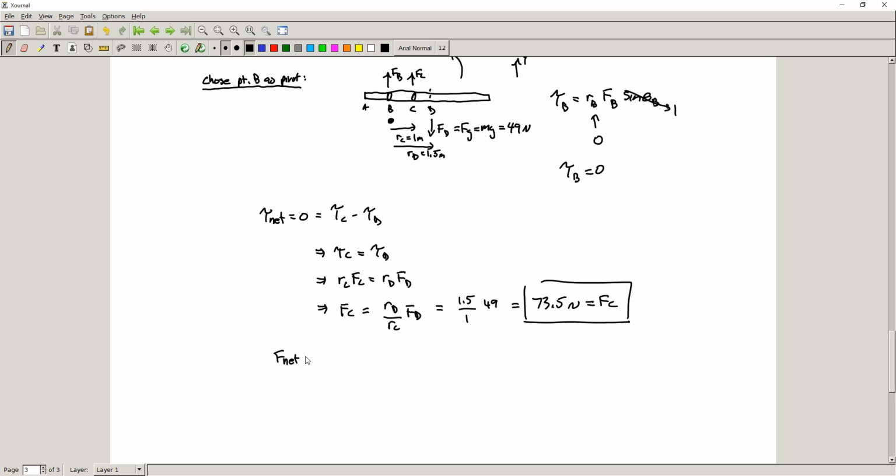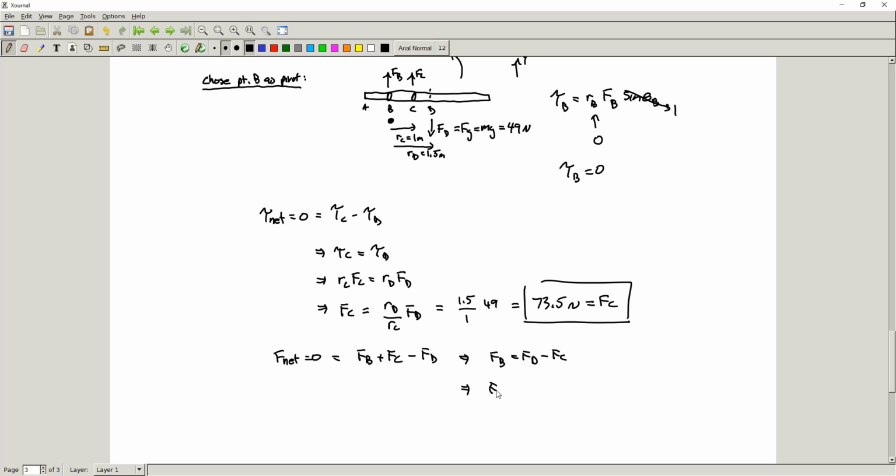So F net is equal to 0, and now we need to add up all the forces. We have FB plus FC operating in the positive y direction, and FD in the negative y direction. This means we can right away solve for FB. FB is going to be equal to FD minus FC.